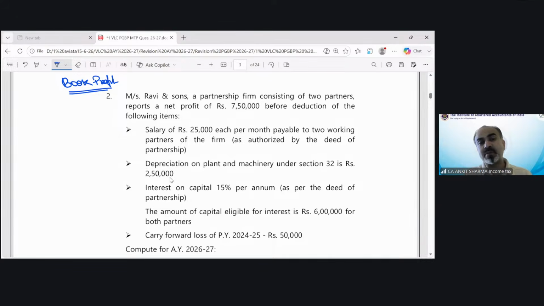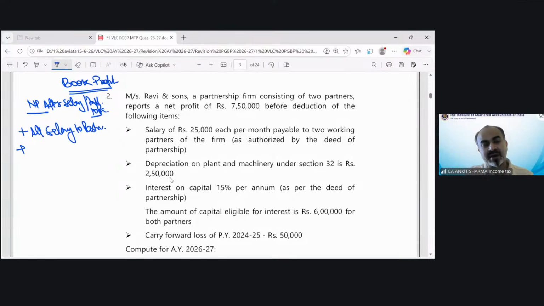How to calculate book profit? So net profit after salary and interest to partners. You need to take this net profit, add back all salary to partners, the full amount.